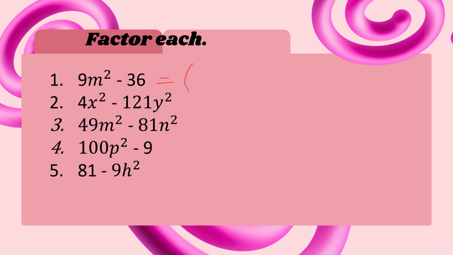We need to put two columns here. So we have 3m, 3m. And then for 36, we got plus 6 and minus 6. Okay, so these are the factors for 9m squared minus 36.